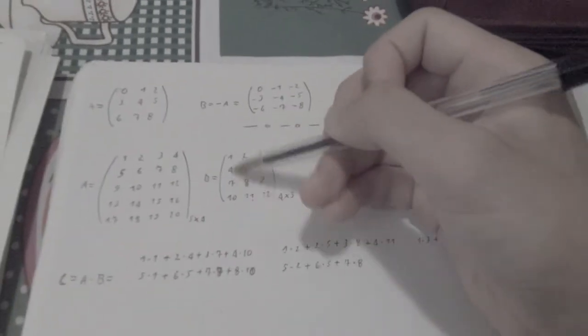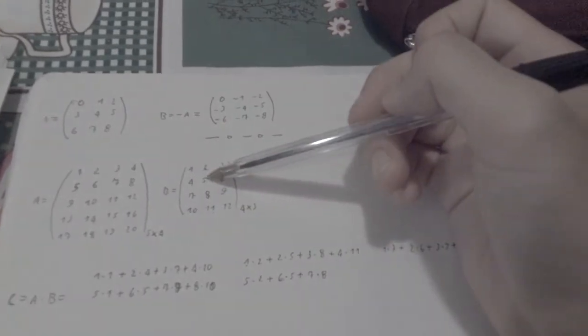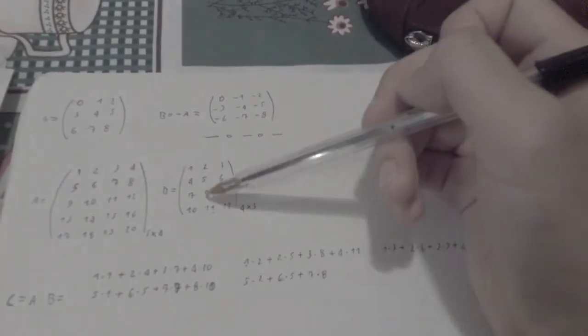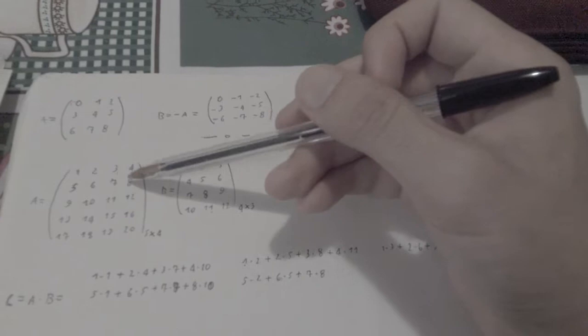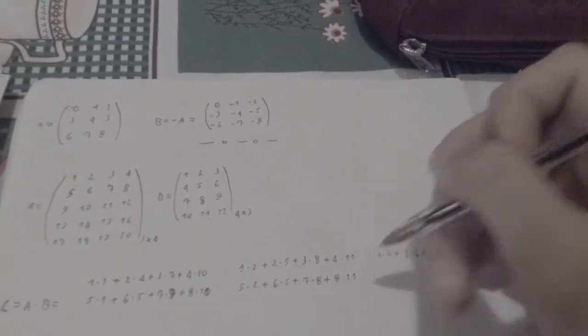Because I was still on the very first column. Then 5 times 2 plus 6 times 5, 7 times 8, and then 8 times 11.